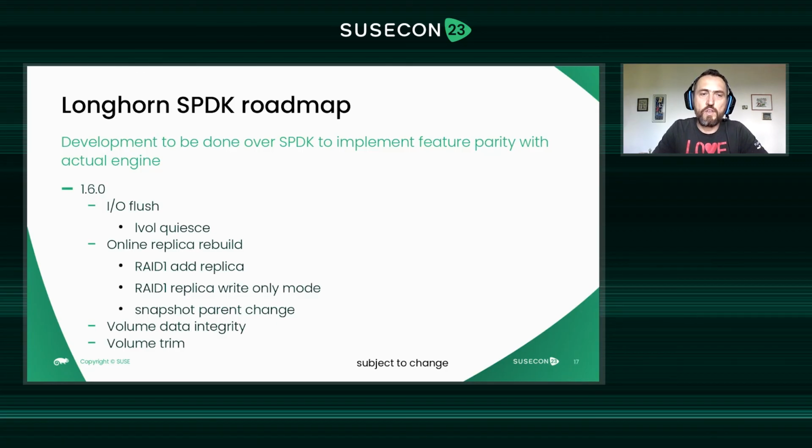What we will do is the online rebuild, so the application can continue to read and write over the volume without stopping. And a couple of other developments that we will do are data integrity, which can be useful in case of node failure, and volume trim to release data no longer used by a single volume.